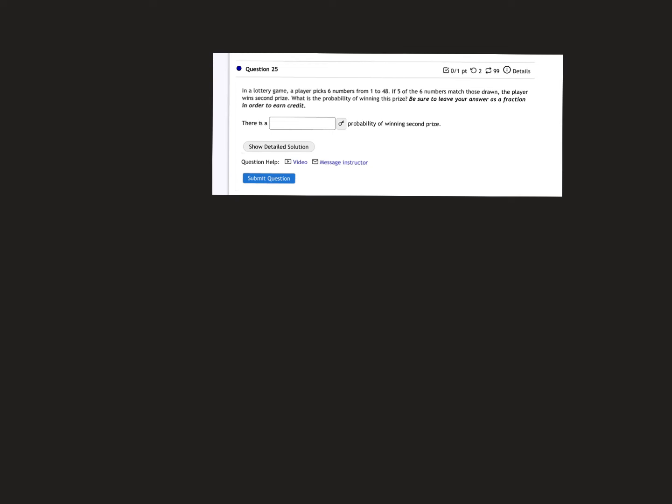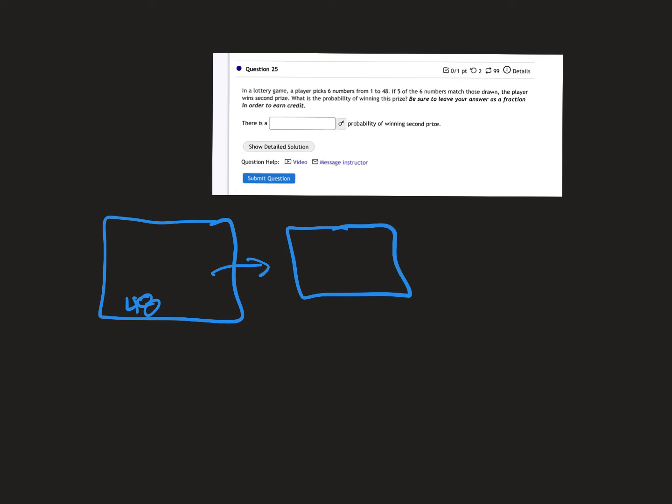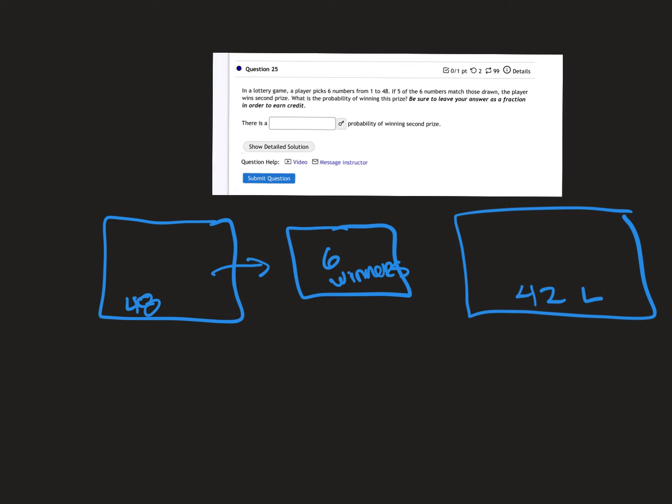So now we're going to do this lottery game problem. All right, so I want you to think of this problem as there are 48 total numbers. So from those 48 total numbers, 6 are winners. So think of this as 42 losers, 6 winners.